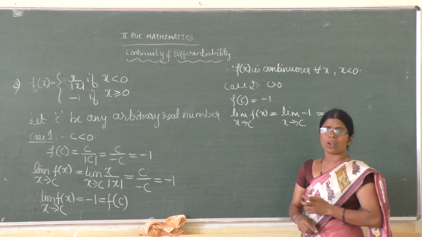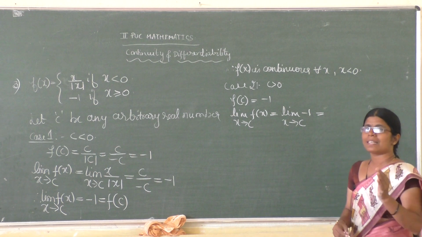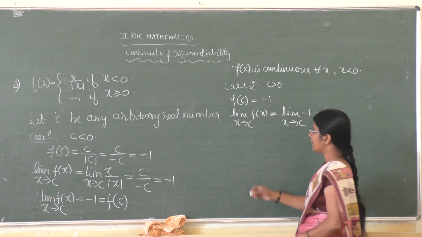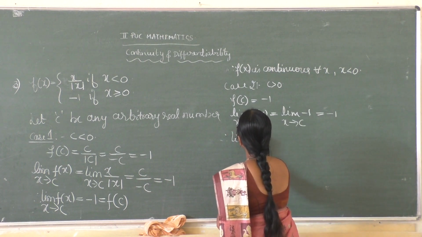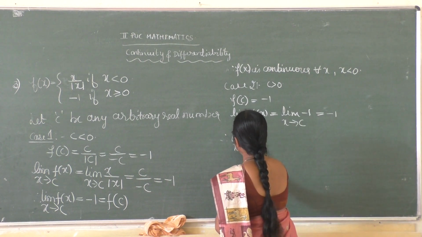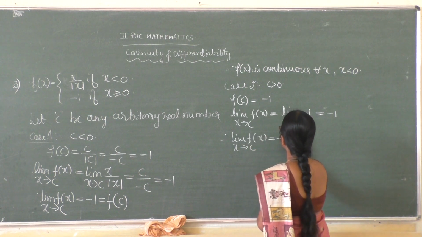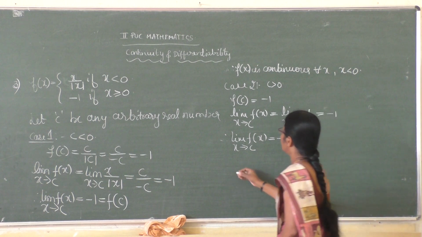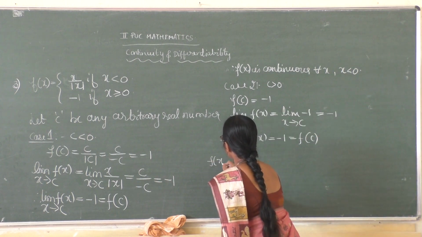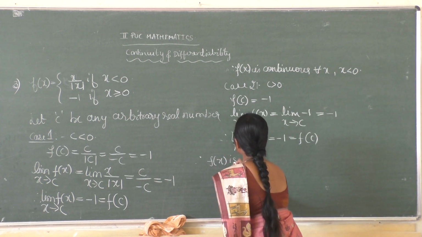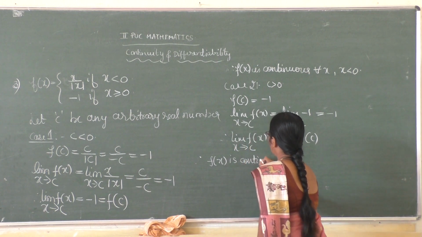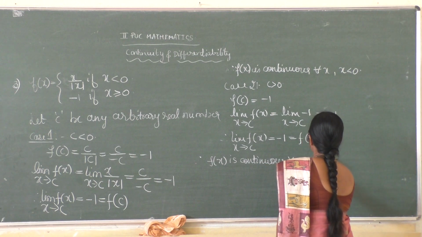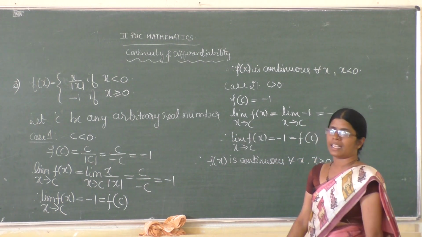Because minus 1 is a constant and the limit of a constant remains the same, this equals minus 1. Therefore, the limit of f of x as x tends to c equals minus 1, that equals f of c. So f of x is continuous for all x, x greater than 0.